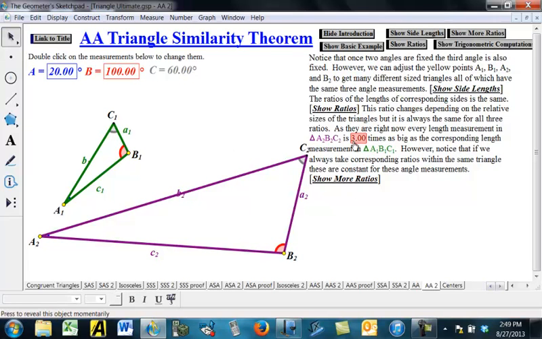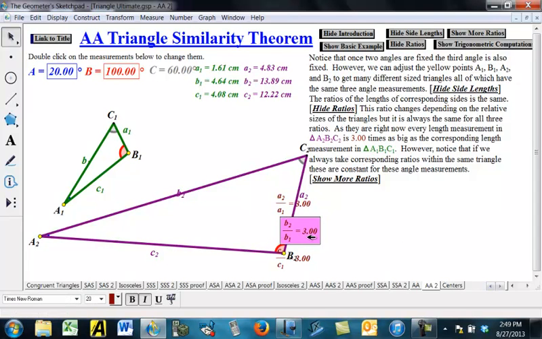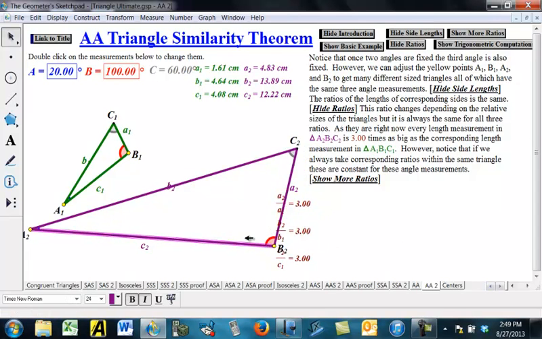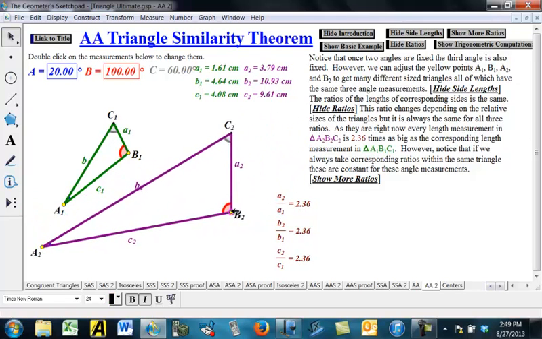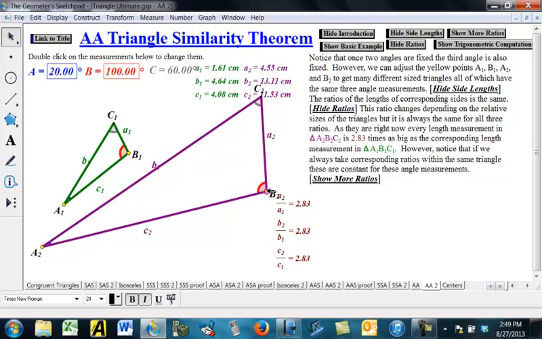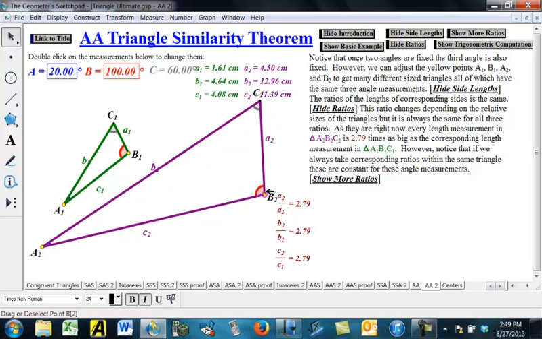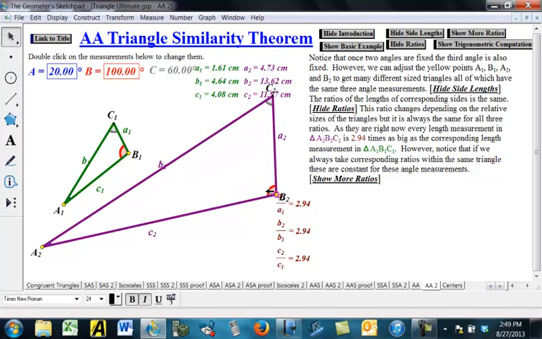So now I've figured out the ratio is 3. So here are the side lengths, and here are the ratios. And we see that everything in the big triangle, every length, well, I moved it, now it's not true anymore. It's 3. Now it's 2.79 times as big. I'll get it back to 3 if I can. Okay, now it's back to 3.